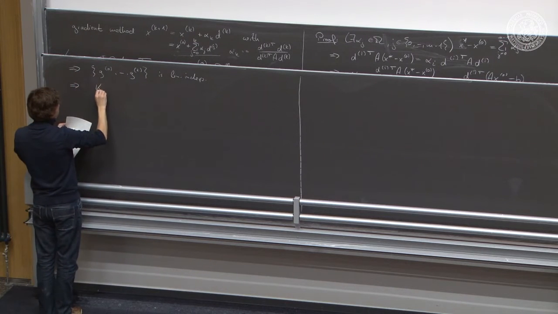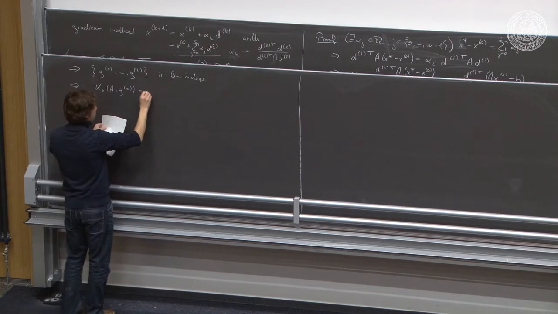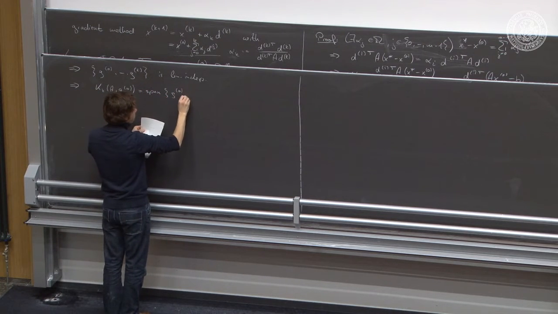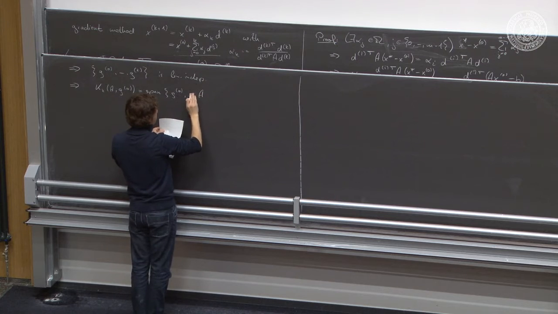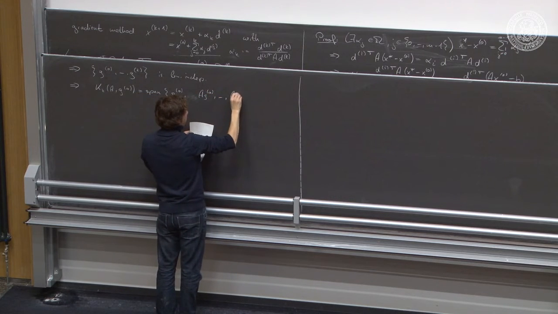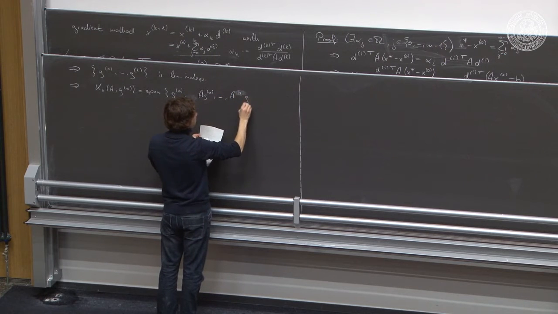But that means that K is the span of g_0, A g_0 up to A^k g_0.